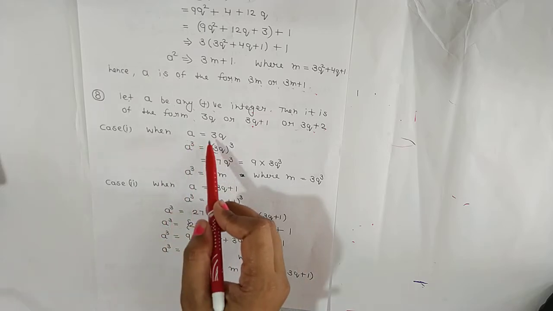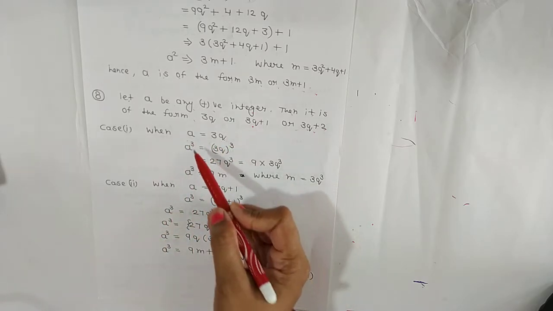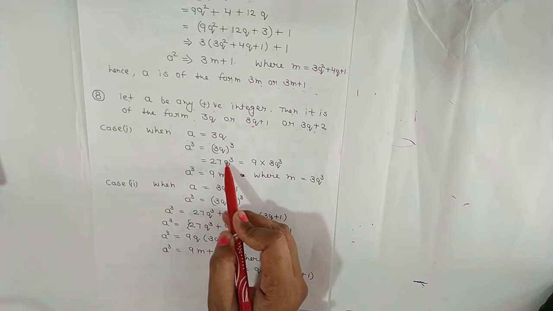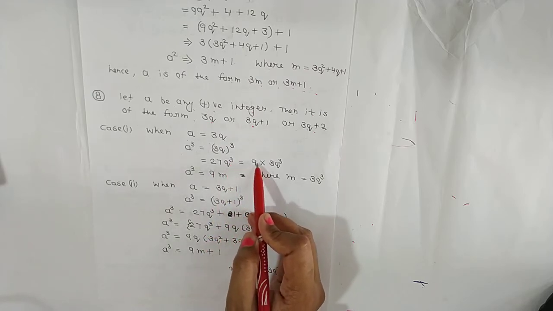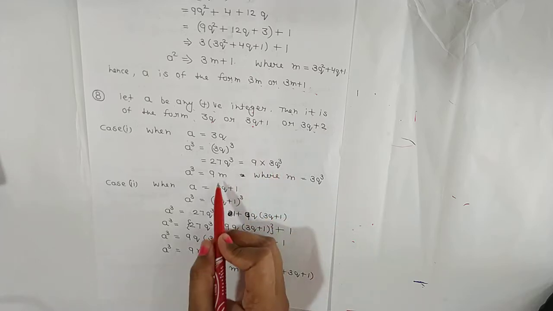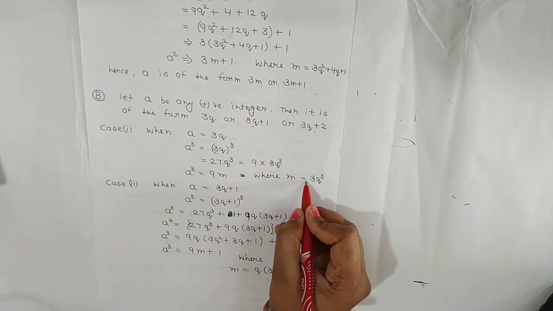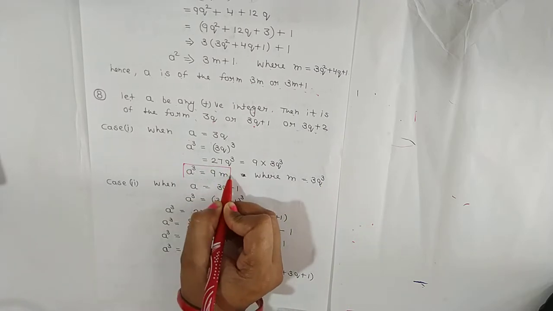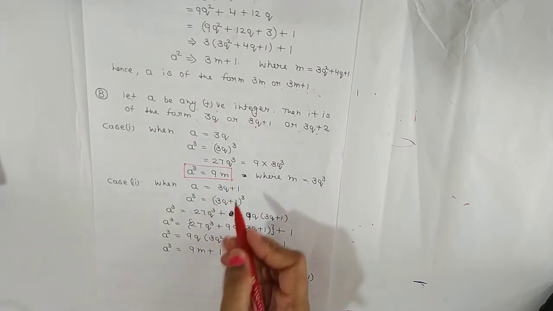Now a is equal to 3q, so we have to find this cube. It will be 27q cube, so it will be 9 into 3q cube, where m is equal to 3q cube. Okay, so this will be 9m form.